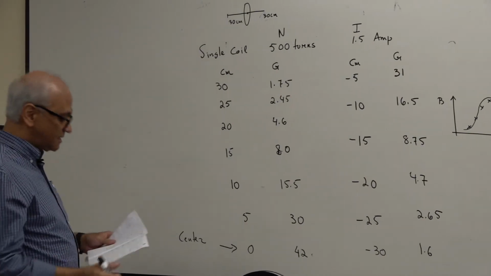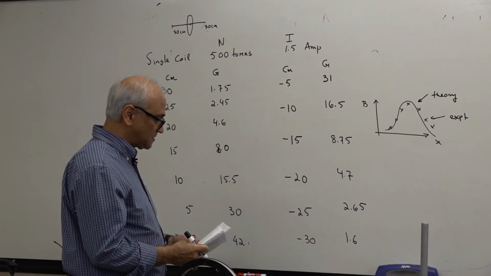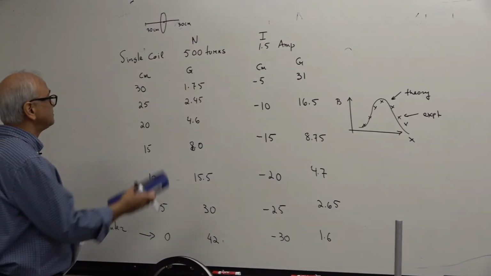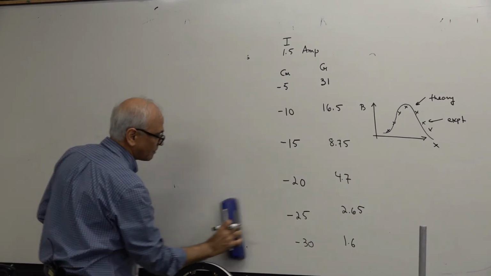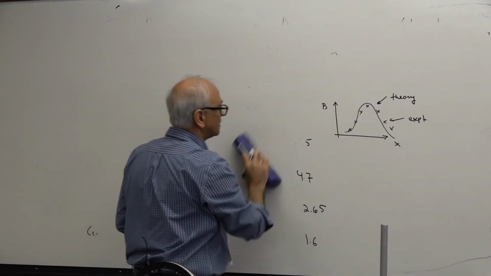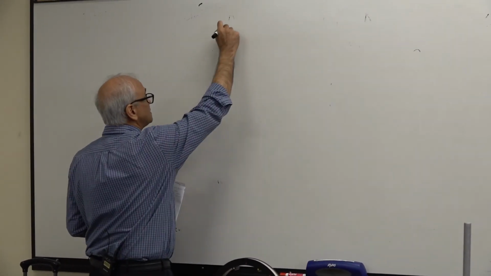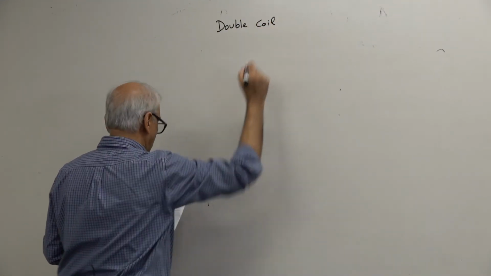I'm going to erase it, and you can always come back to this later. So now I want to do the double coil. This is the double coil, right?